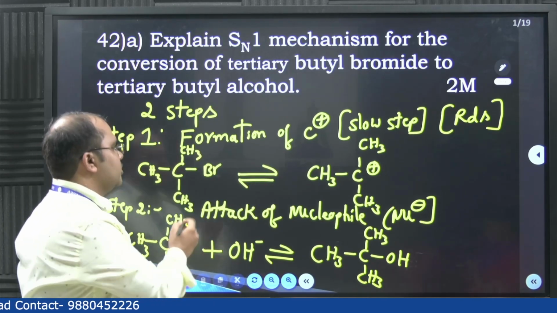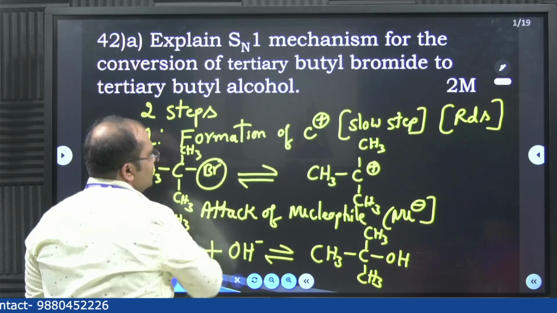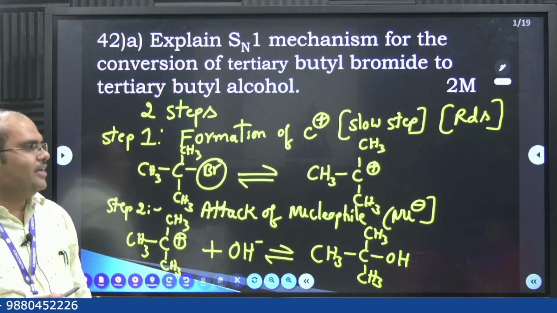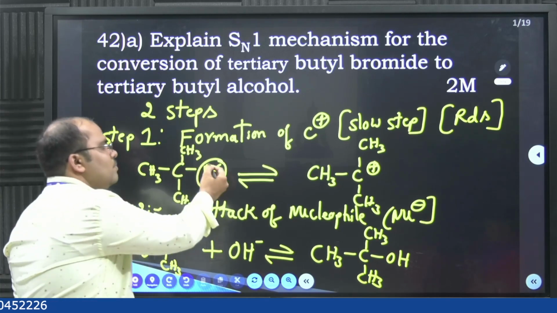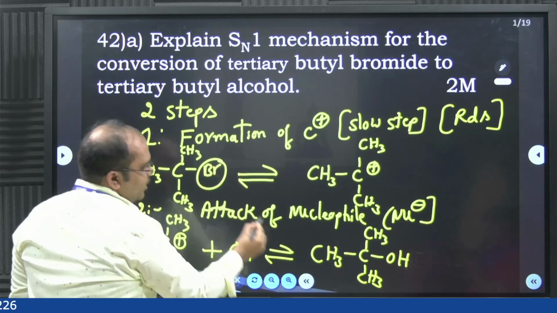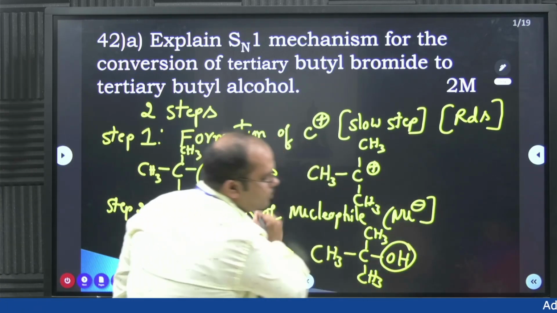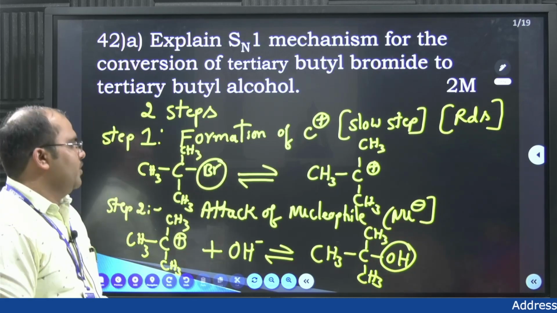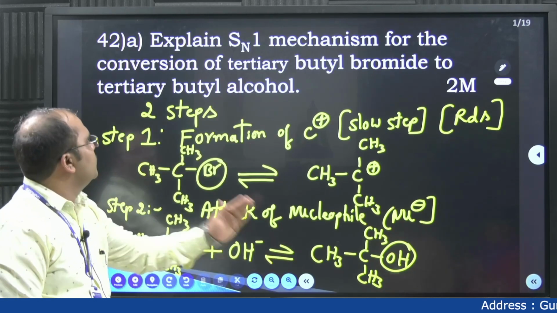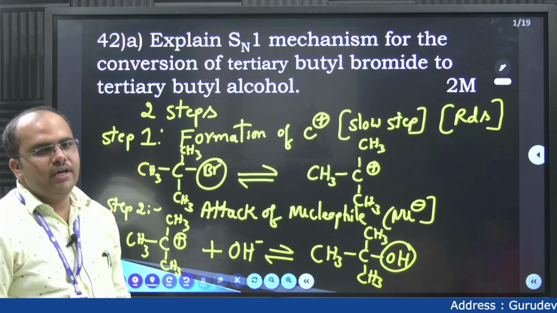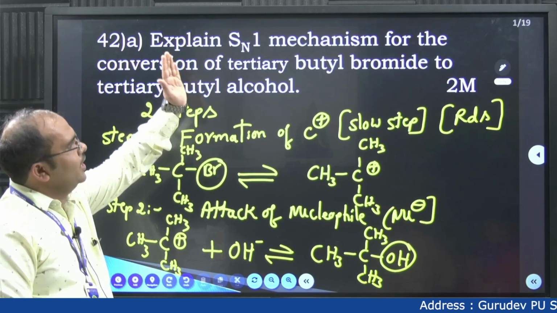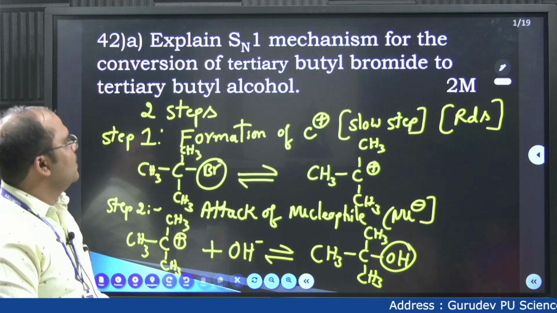In this formation, the negative part, bromine, is removed. The bromine is replaced by the OH group. Thus we get tertiary butyl alcohol, and you can complete the SN1 reaction with the mechanism.